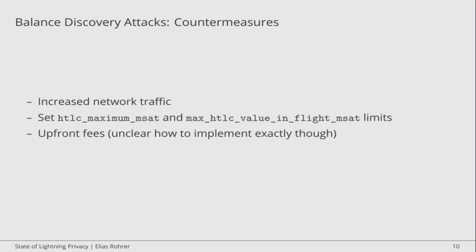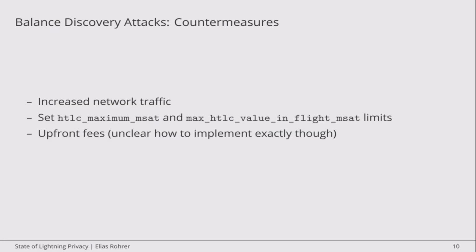But we also have some valves there. We can set the HTLC maximum msat and HTLC max value in flight limits to set an artificial limit per HTLC that is forwarded over the network, which limits how much information an attacker can gain per probe they send. So we can make probing harder, meaning the attacks on privacy harder.